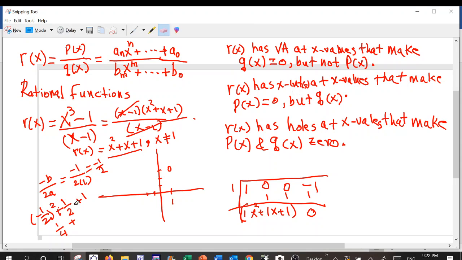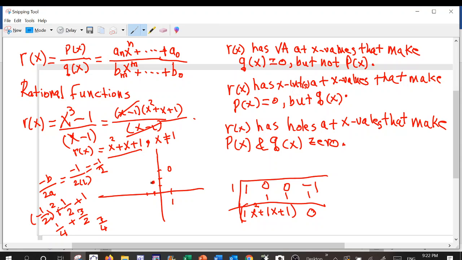And then this is what? 1 plus 1/2 is 3/2. So 3/2 plus 1/4, if you multiply these by 2, we get 6 over 4 plus 1 over 4 is 7 over 4. And 7 over 4 is like 1 point something, so it's about right here somewhere.